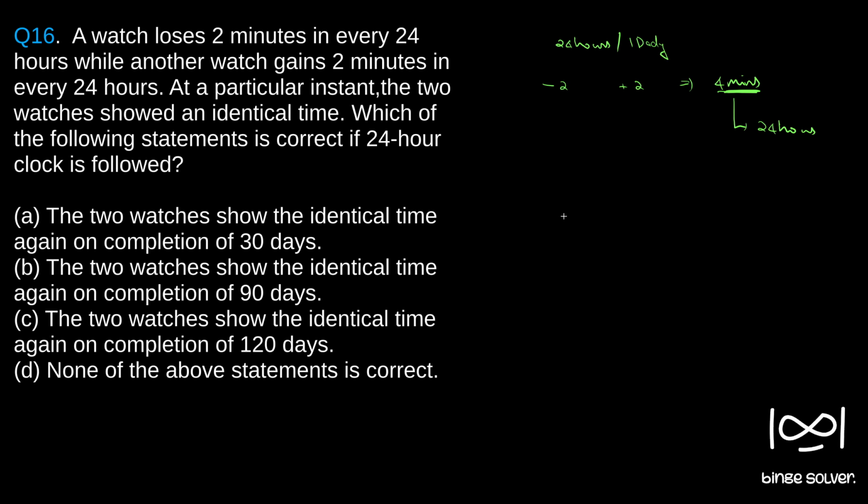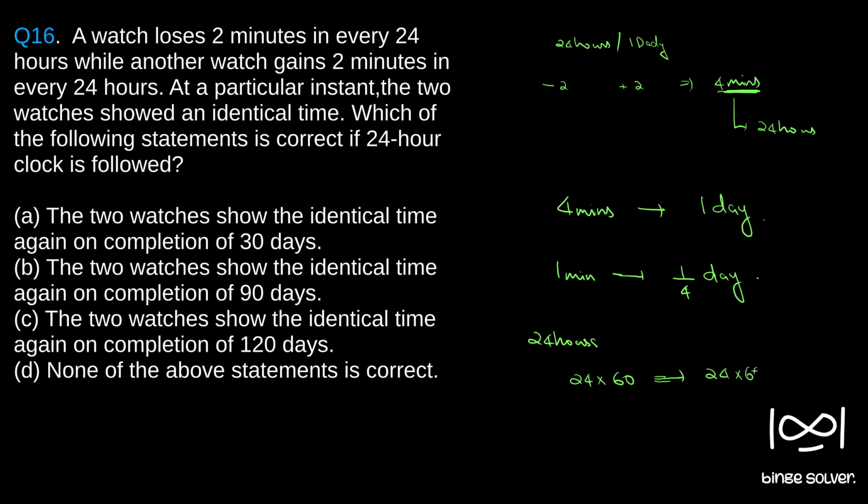So that means a difference of 4 minutes takes 1 day. So 1 minute is 1 by 4th day. For 24 hours, 24 into 60 minutes, it will take 24 into 60 by 4 days, right?